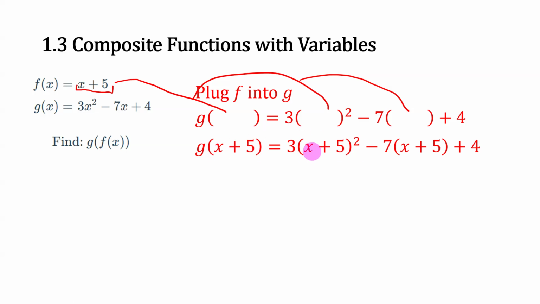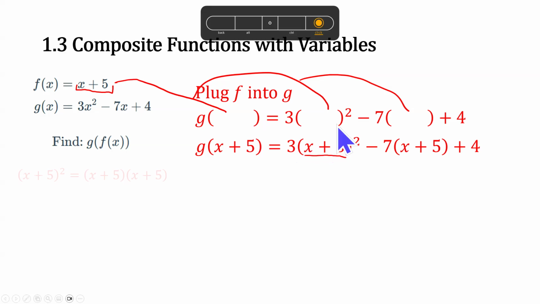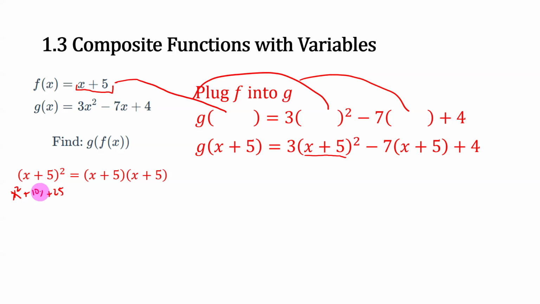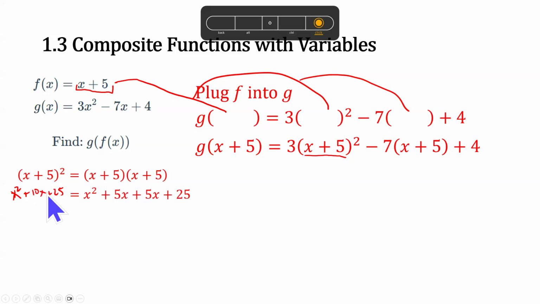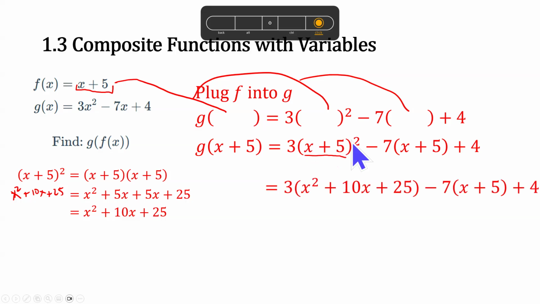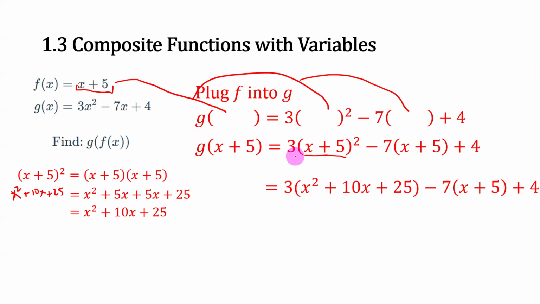We just do these. So now I need to process (x plus 5) squared. Remember, I'm going to get x squared plus 25. In the middle, I'm going to have 5x and 5x. But if you want to see it worked out, there it is after foiling. Now I just go back and put that in its place here. That's a lot. So this became this.